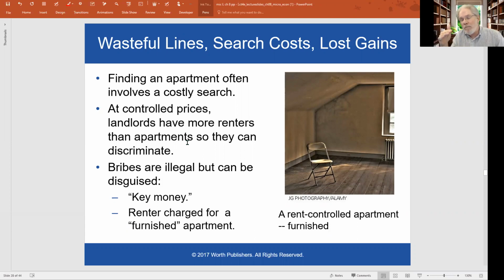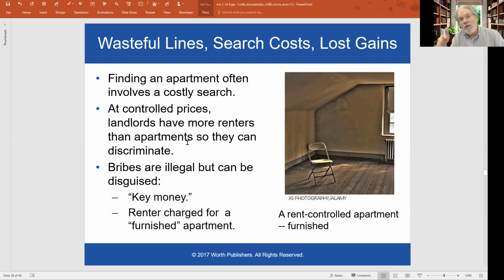Whereas with rent control, there's a huge shortage. And a shortage means that there are lots of people competing to get each landlord's apartments. So as soon as a landlord has an opening, people are going to be lining up trying to get that unit.